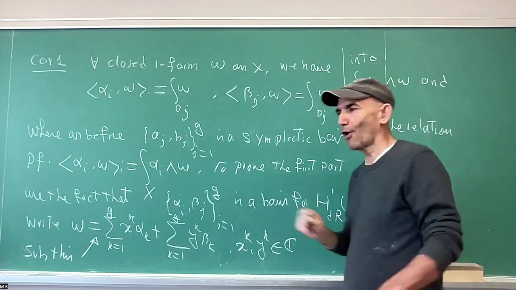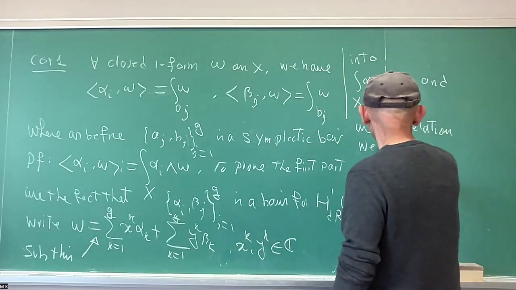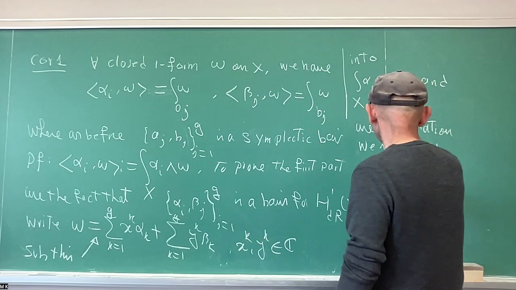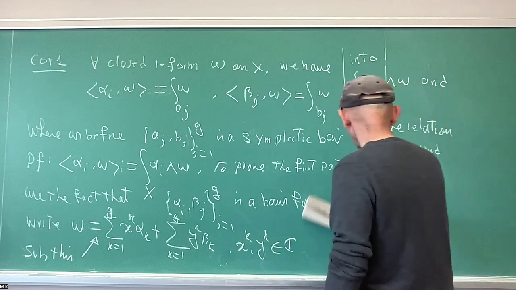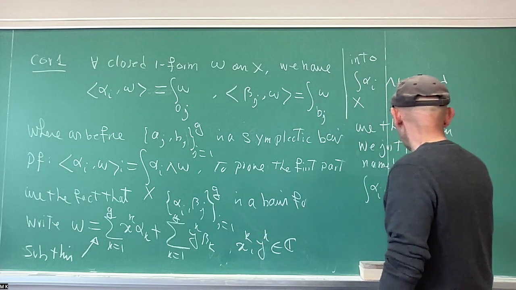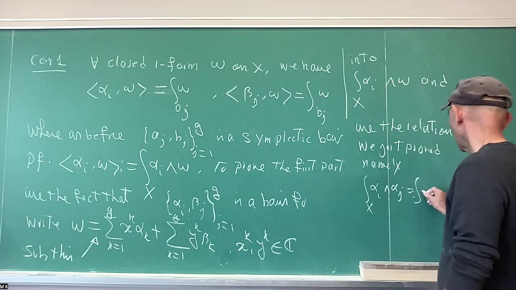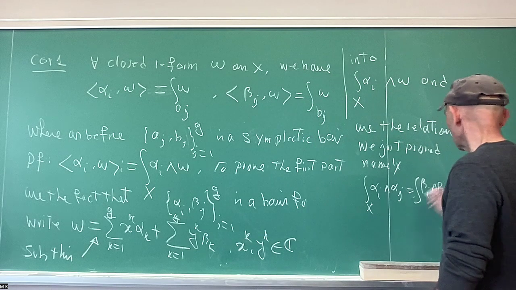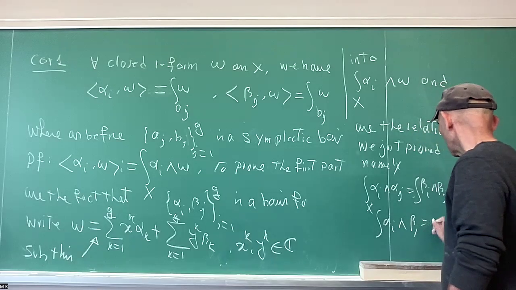We proved all of them except when i is equal to j, that we did not prove. Namely, these relations: the integral of alpha_i wedge alpha_j over X is equal to the integral of beta_i wedge beta_j, which is equal to 0, and the integral of alpha_i wedge beta_j is equal to delta_ij.